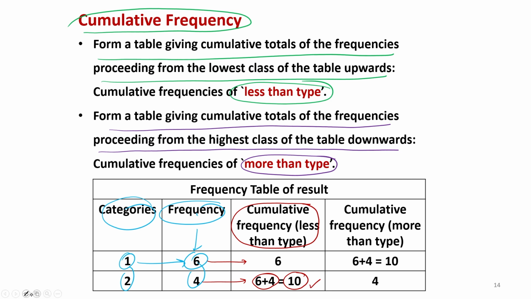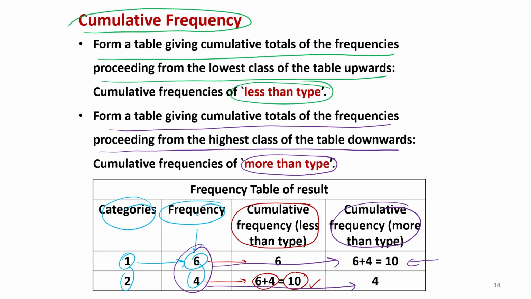Similarly, if I take one more example in which I want to compute the cumulative frequency of more than type, then I have to go in the reverse direction. In the first case, I take both the frequencies together, 6 plus 4 is equal to 10. Then I go to the second class, where the category is only 4.